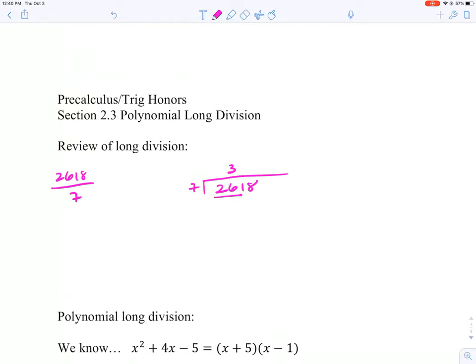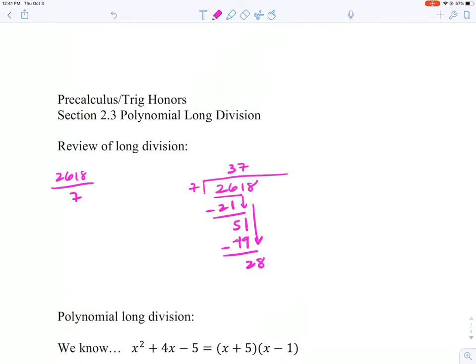That would be 3 times. So we do 3 times 7 would give us 21, and we subtract. We can bring down the 1, and 7 divides into 51 7 times, and then 7 times 7 would give us 49. And when we subtract, we'll get 2, and we can bring that 8 down.